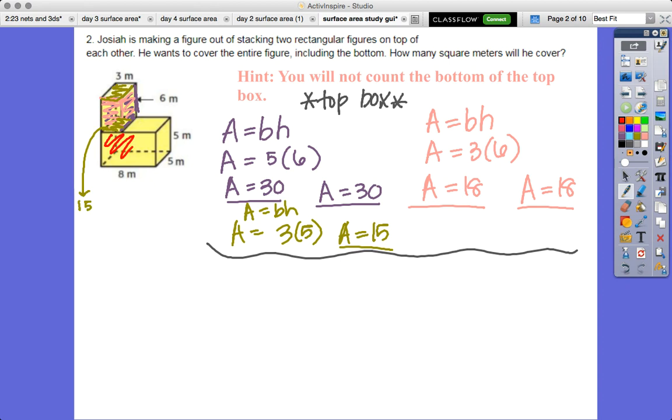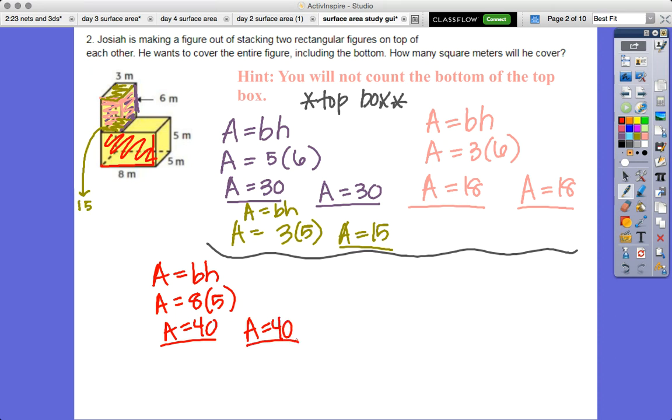So now I'm going to find the front and back sides of this bottom part. The length is 8 and the height is 5. So area equals base times height with a base of 8 and a height of 5. 8 times 5 gives me 40. So the front is going to be equal to the back side. So I'm going to go ahead and write that twice because I have 2 of those.